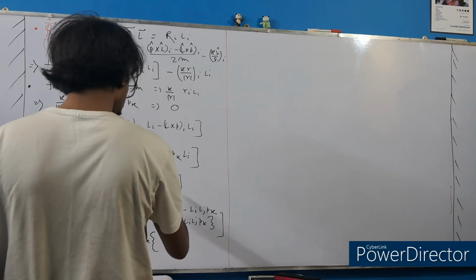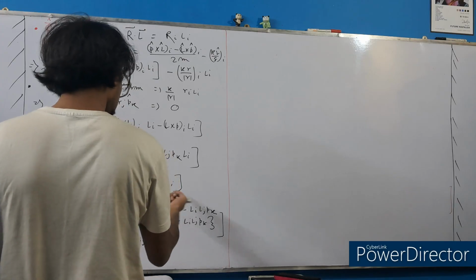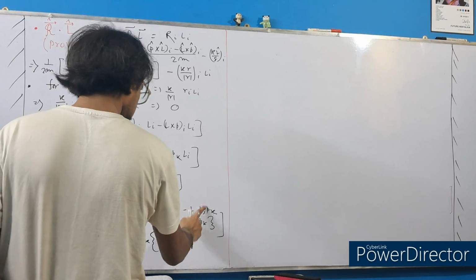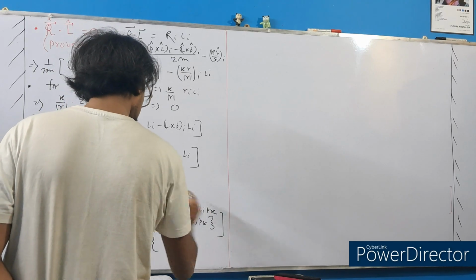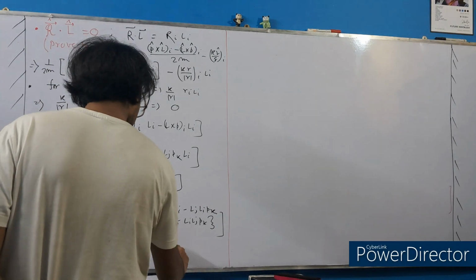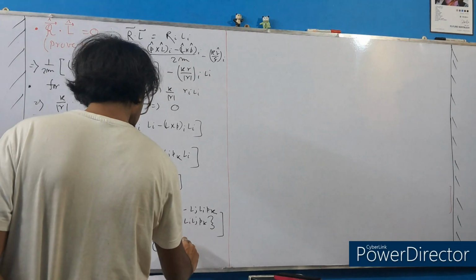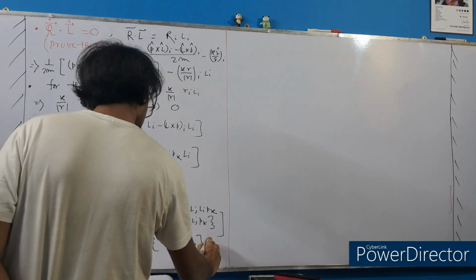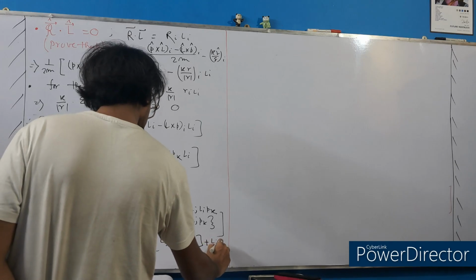I'm missing something, I guess. Lj pk Li, Lj Li pk, right. So now I can take the Lj common and write it as a commutation, that is pk comma Li, and plus Li Lj pk.